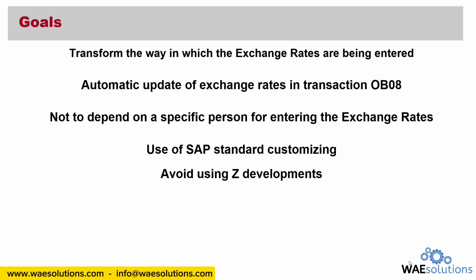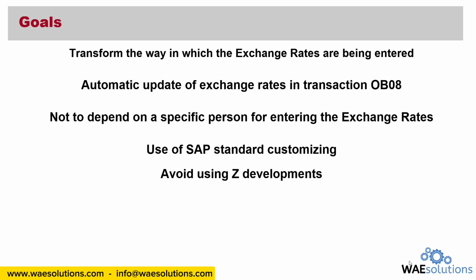So with this, we started to work and we found a standard transaction in SAP, which is the TBD4 transaction, which allows, with a specific customizing, SAP to get connected to the internet to a specific site, and from this site, the TBD4 transaction can read the different exchange rates that are published there.